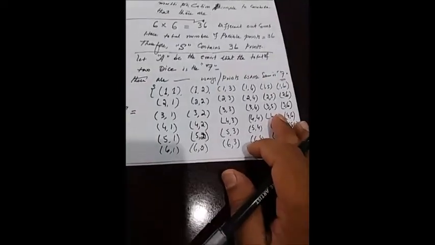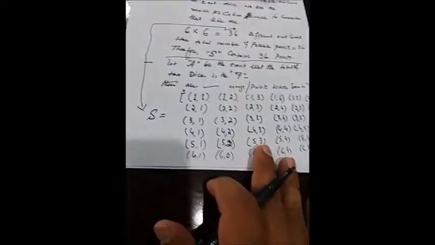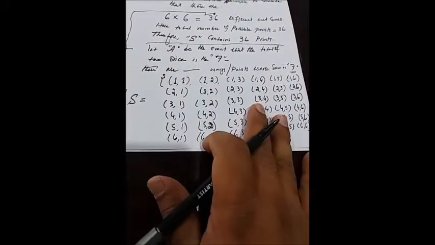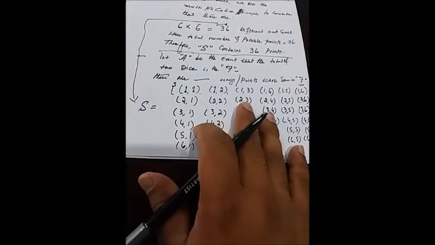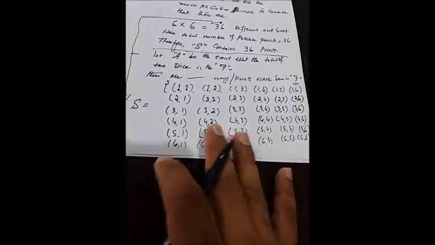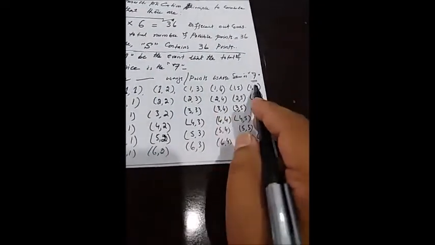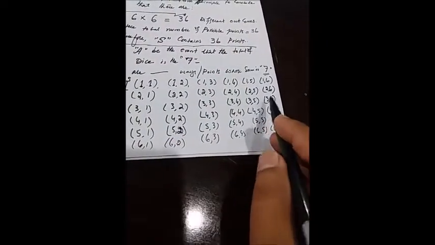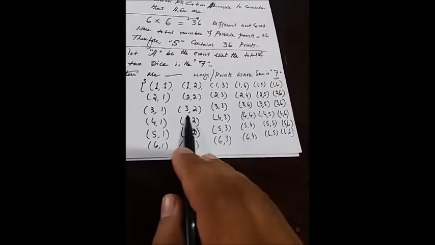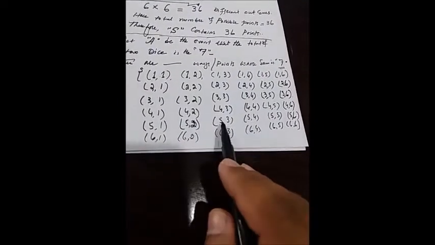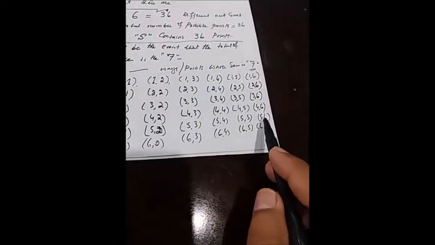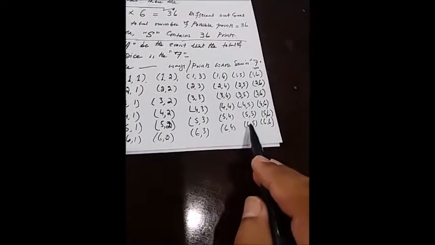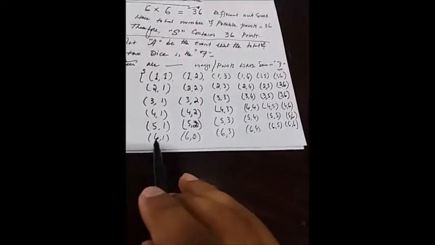So we have segregated individually all these ways, how all these ways can happen by rolling the two six-sided cubic dice together. So these are the 36 ways: 1, 2, 3, 4, 5, 6, 7, 8, 9, 10, 11, 12, 13, 14, 15, 16, 17, 18, 19, 20, 21, 22, 23, 24, 25, 26, 27, 28, 29, 30, 31, 32, 33, 34, 35, 36.